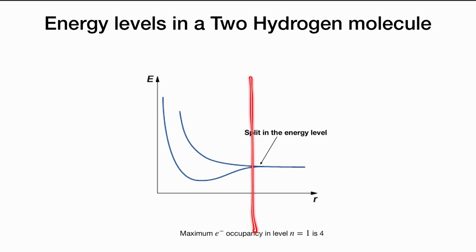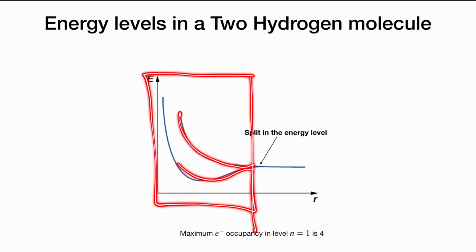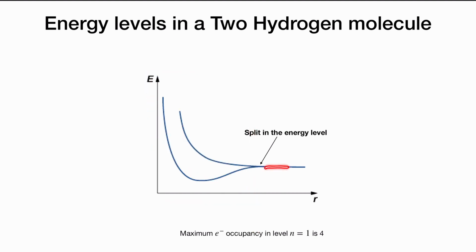For a single atom, the allowed region is only 1 discrete energy level. But when you bond atoms together, the region is no longer just 1 discrete, but you're going to have what looks like a split.